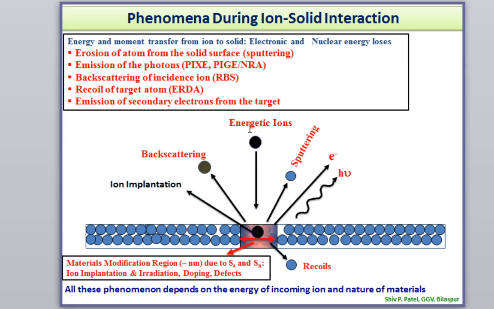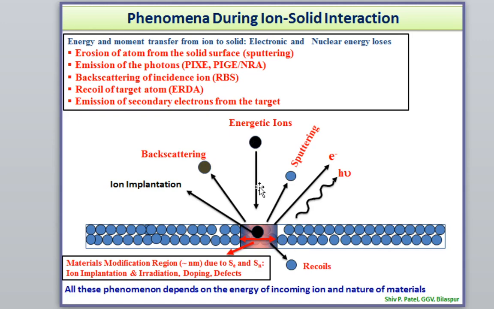Another possibility is that if this energetic ion is falling on the sample, it will not sit inside the material, it can move in the backward direction after scattering with an elastic collision with the target atom.